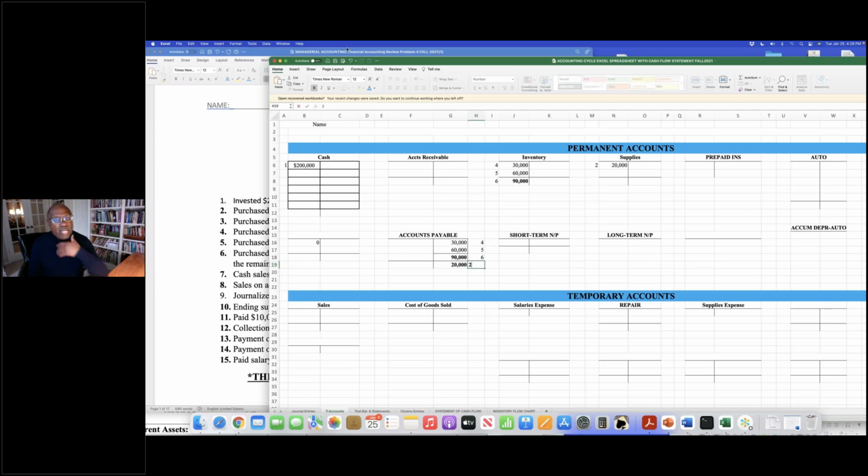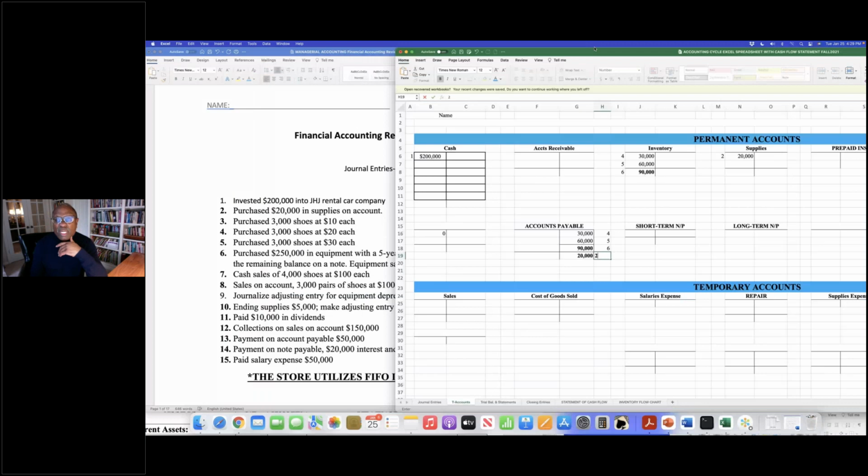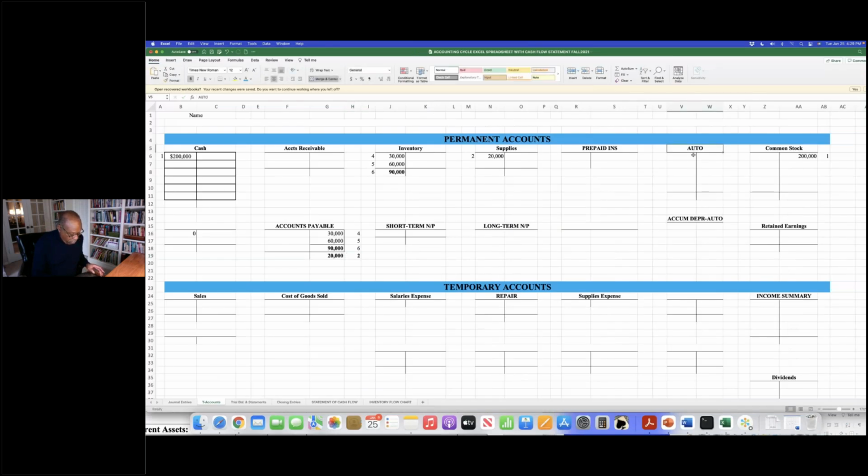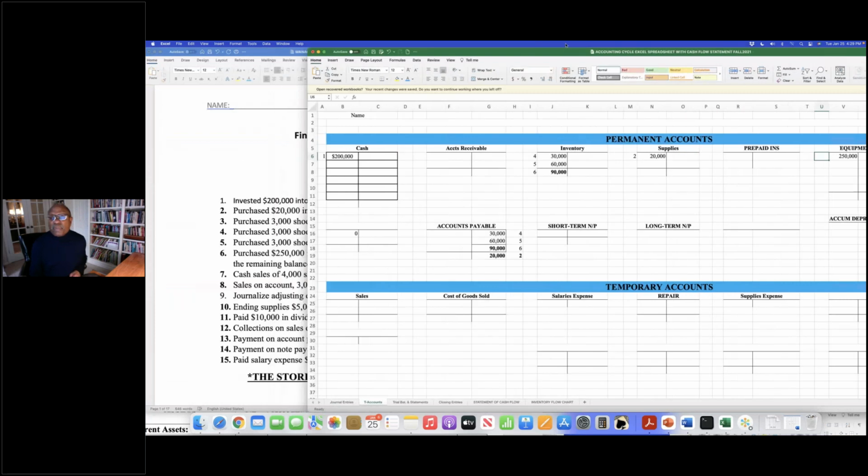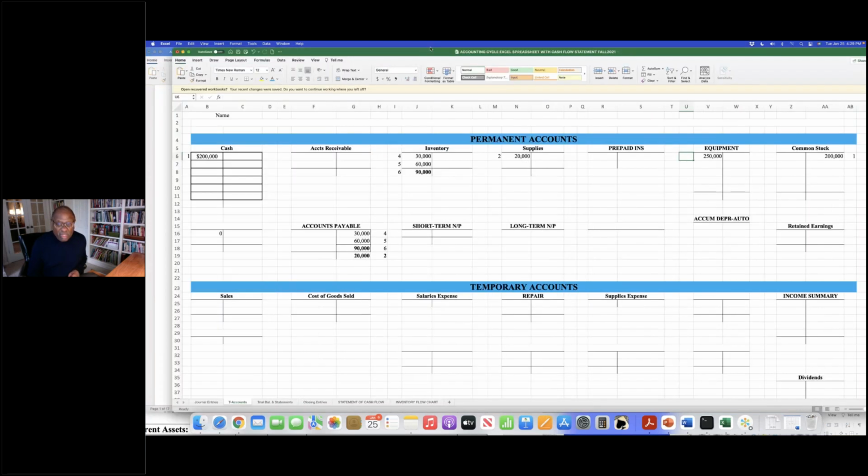So let's go ahead now and post the purchase of the equipment. I'll change auto to equipment. So that was for 250,000, correct? That was transaction number 6.